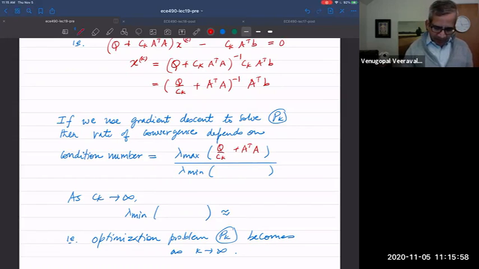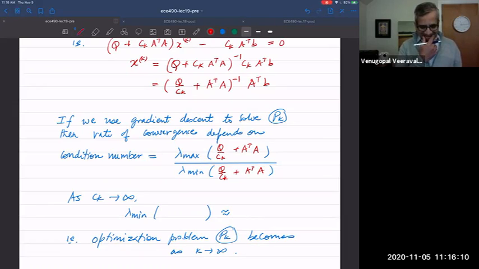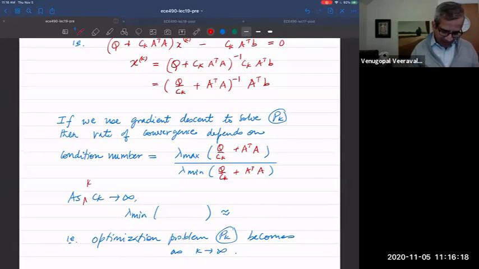Lambda max of that matrix divided by the lambda min of this matrix. We saw that before for a quadratic function. But what happens as k goes to infinity? I should really be saying, as k goes to infinity, ck goes to infinity.